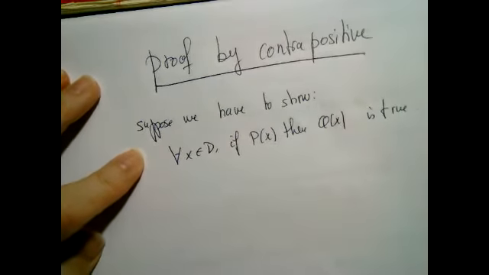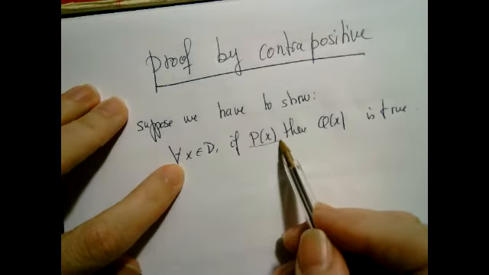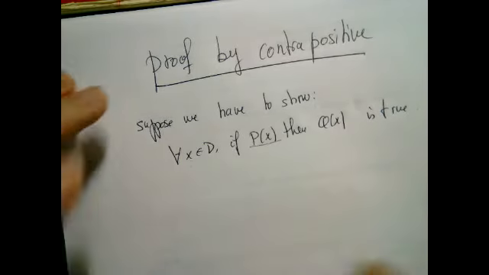Okay, and we try directly. It means we pick an x in the domain for which the hypothesis holds, and we try to show that the conclusion holds, and we couldn't move.